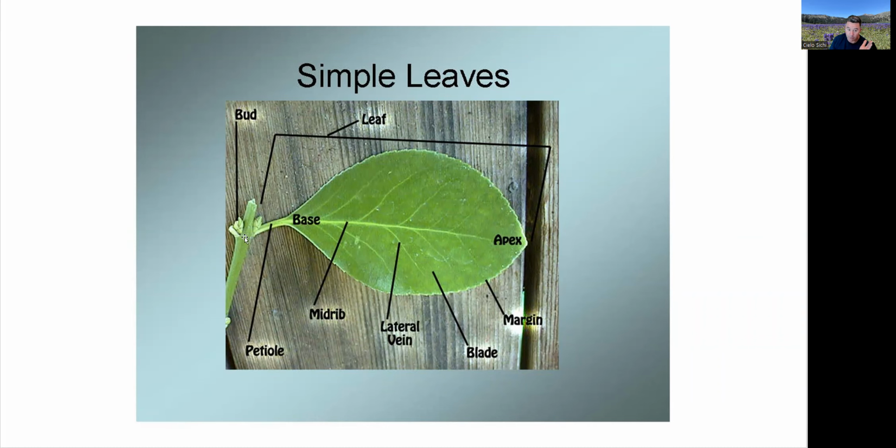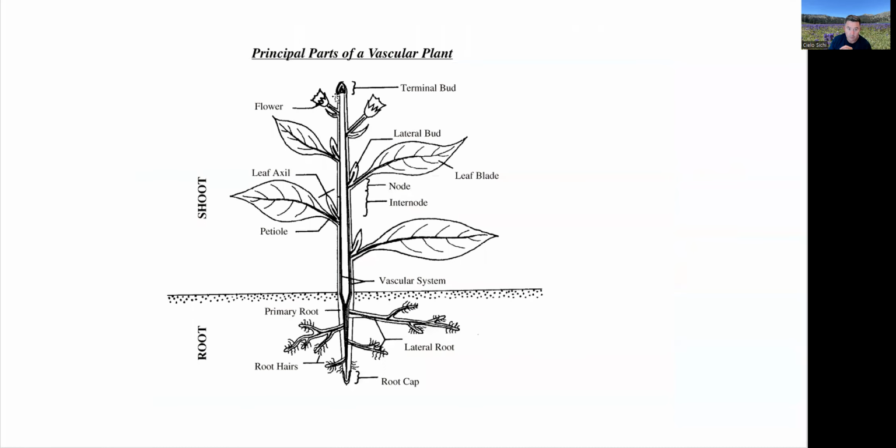The plant is going to realize that it has an injury on a location of the plant that has no ability to heal its wound, no ability to produce new cells that would fix the wound. Remember, there's only a couple parts on plants that have that ability, that have that meristematic tissue.